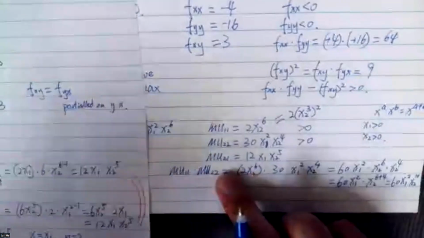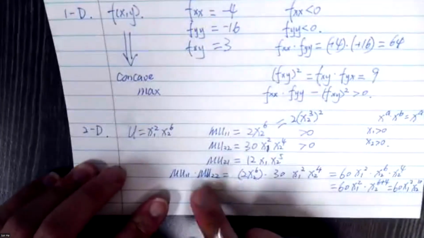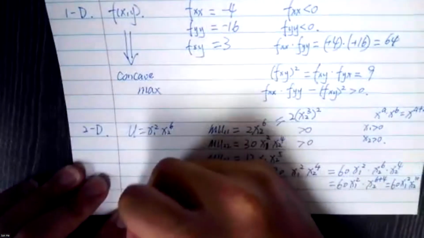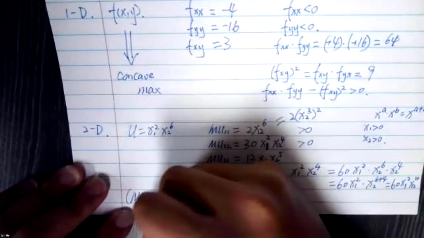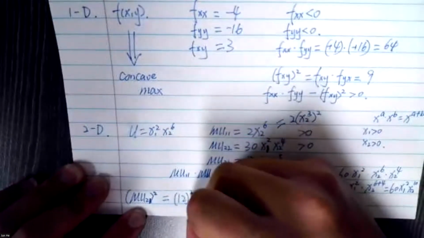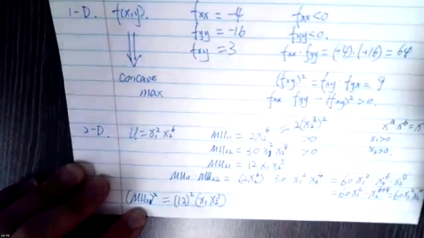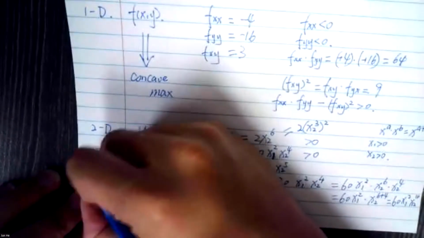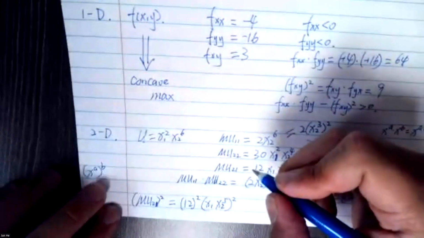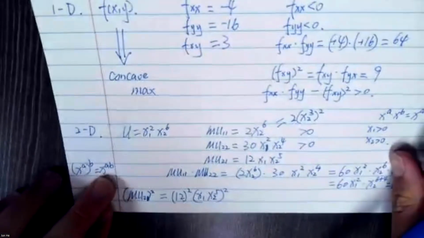Okay, so that's the multiplication of the two direct terms. Then the square of the cross term gives you the result of 12 squared x1 x2 to the power of 5 squared, and x to the power of a to the power of b equals x to the power of ab.